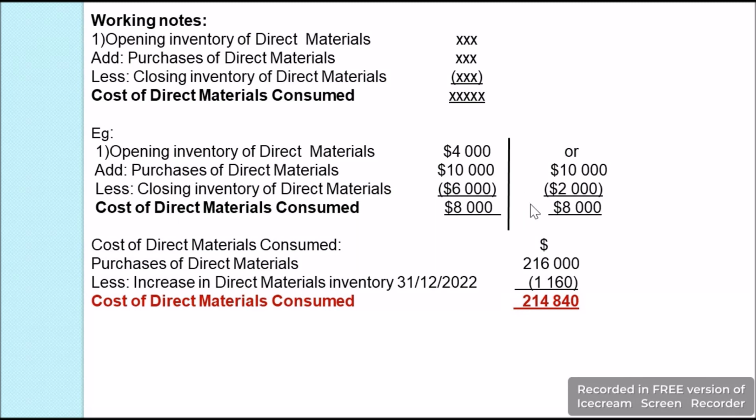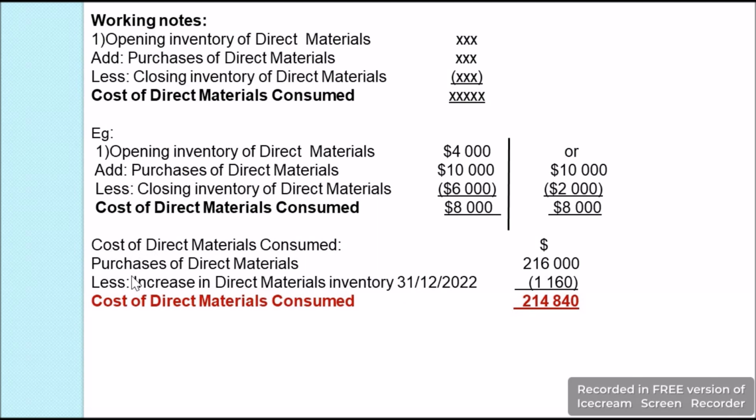We will get the cost of direct material consumed, same as $8,000 as we got it here. So this is also another way of calculating the cost of direct material consumed, where we have the information about the purchases and the increase in the direct material inventory at the end of the year. In the same way, we are going to use the information and calculate it for this question.